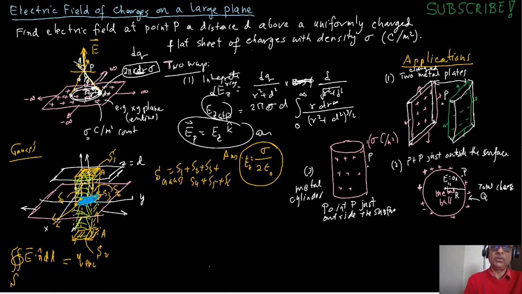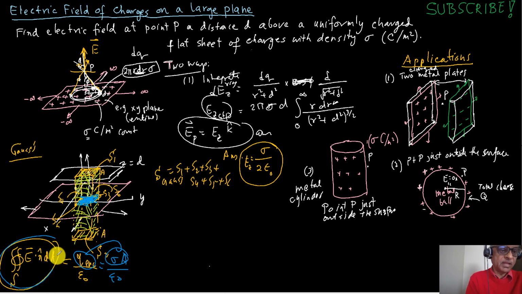So it is charge enclosed over epsilon naught. If we look at the right side, it is very easy. The right side is just going to give me sigma times area A over epsilon naught.